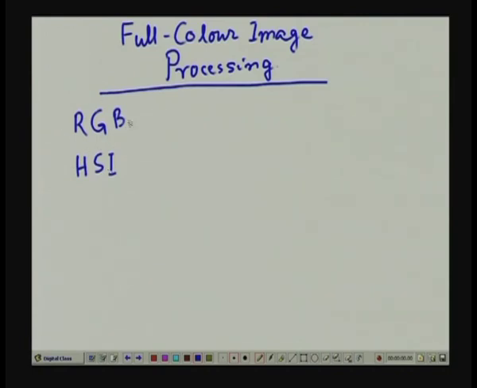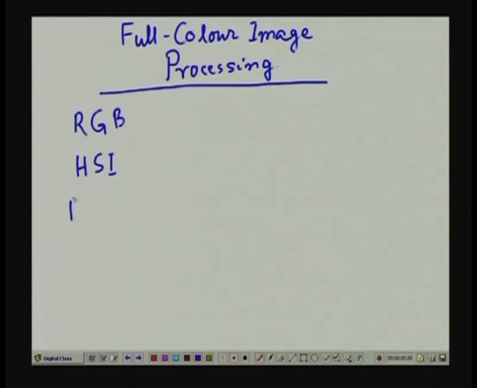Now, because we have these different color components of any particular color pixel, we can have two different categories of color image processing. One category is per color plane processing.